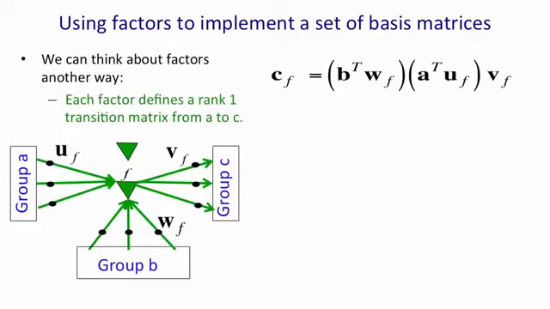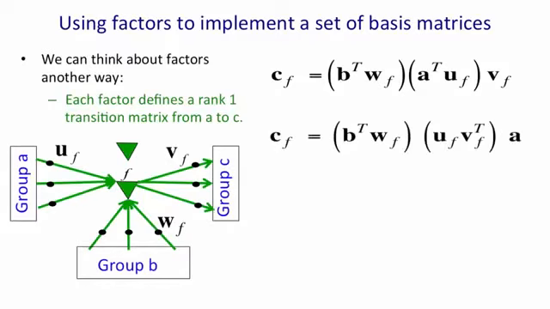We can rearrange that equation so that we get one scalar product, and then we take the outer product of the weight vector u and the weight vector v, and that gives us a matrix, and the scalar product that we computed by multiplying b by w is just a coefficient on that matrix.